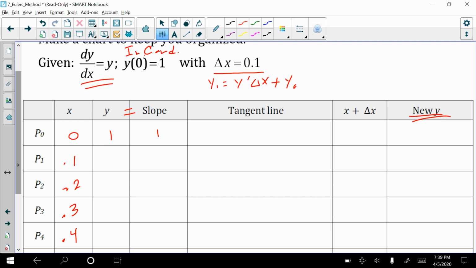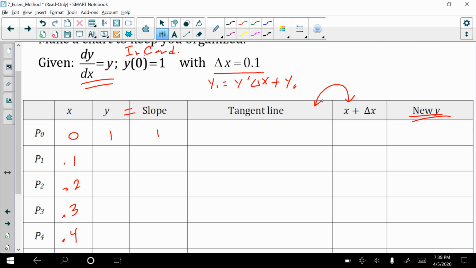The one thing that I will explain is that the column that has tangent line and the column that has x plus delta x, I really wish those were reversed, because the tangent line is easier to get once you know what your y value and x value are going to be.